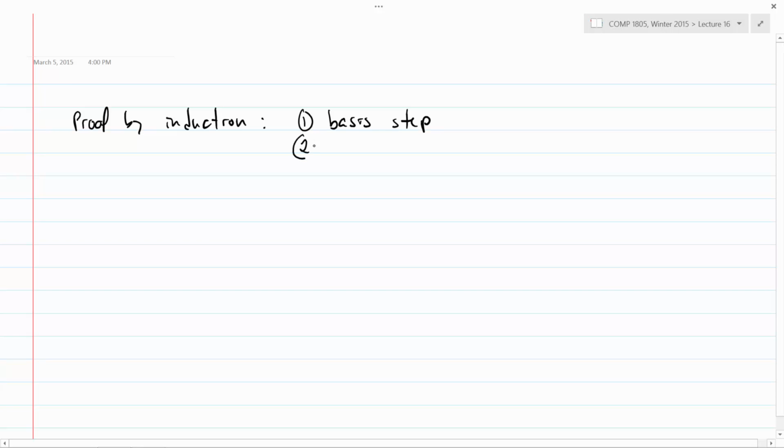The second thing you do is you state your inductive hypothesis. So you assume that the statement is true for some arbitrary value of k. We usually use k. And that's the assumption you'll get to make, because you remember you're trying to prove that for all k, P(k) implies P(k plus 1), where P is the statement you're trying to prove.